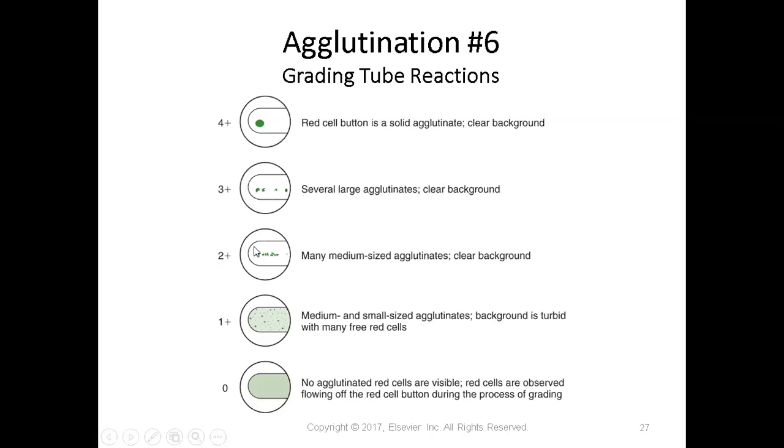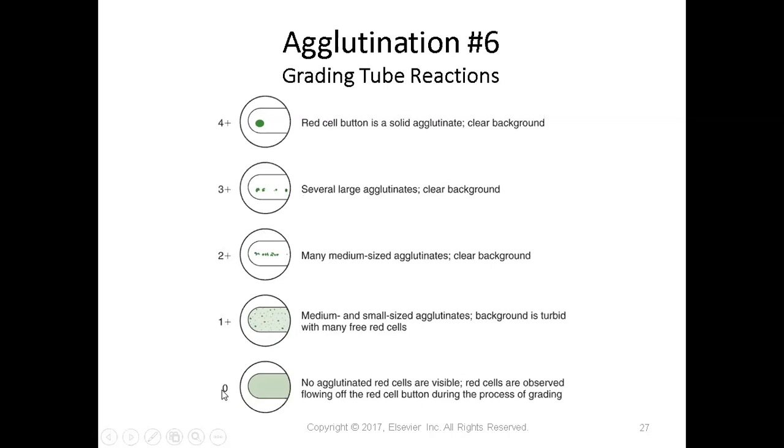2+, we're moving into many medium-sized agglutinates, but the background is still clear. 1+, we can have a variety of sizes of red cell agglutinates. However, the background looks cloudy because there are still some red cells that are flowing in the liquid. So that would be 1+.